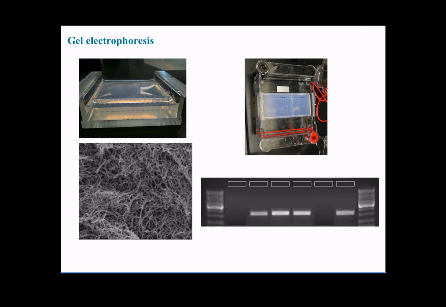So if we know that that band there corresponds to a 500 base pair piece, that band to a 600, and that band to a 700 base pair piece, we now know that the fragments we're seeing from our samples are roughly between 600 and 700, probably a 650 or so.